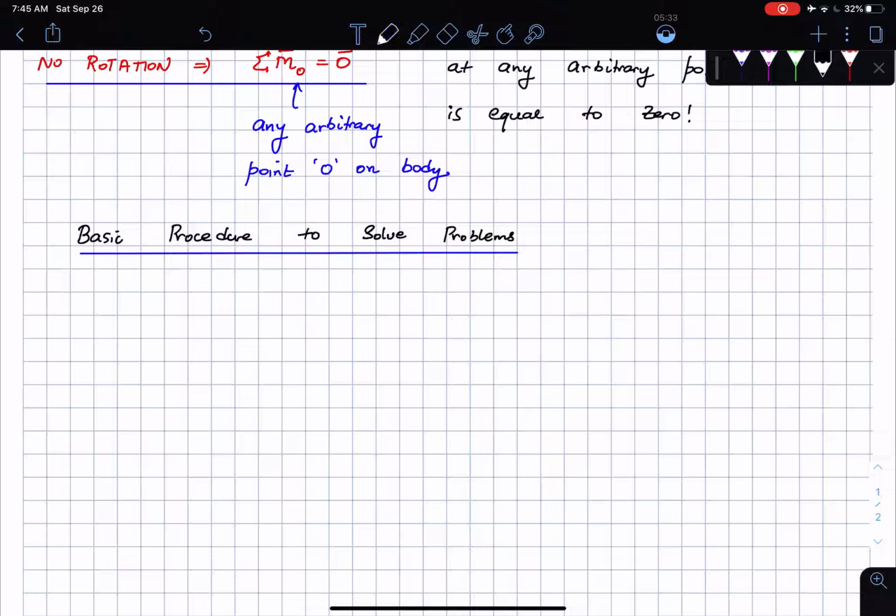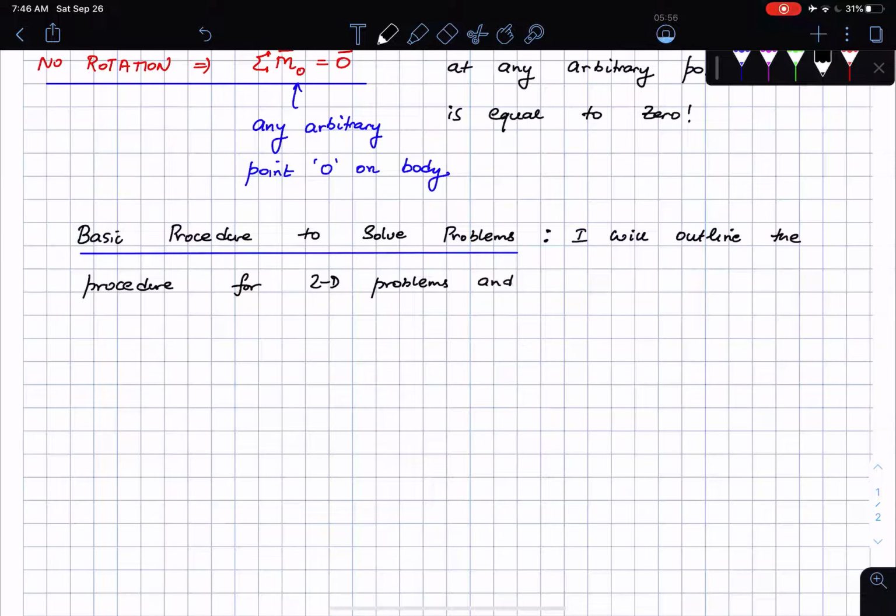Let me outline the procedure for 2D problems, and then we shall extend that to 3D problems as well.